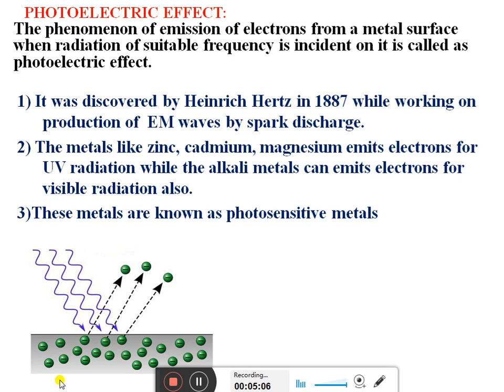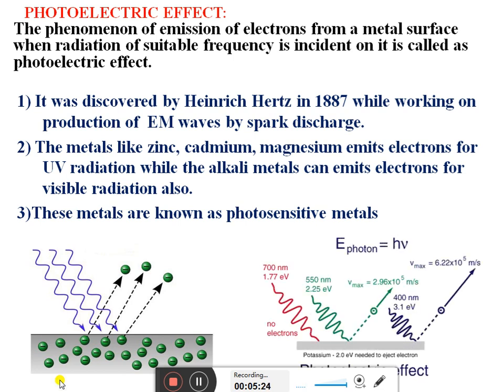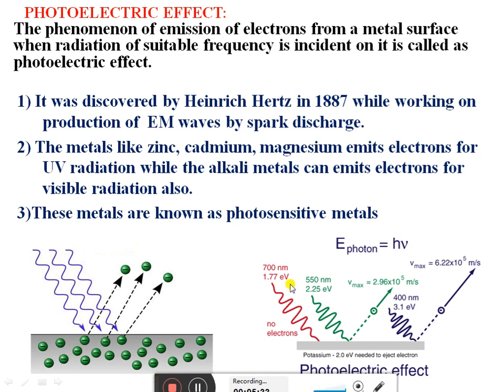These metals which emit electrons are called photosensitive metals. Examples given above: zinc, cadmium, magnesium, or sodium, potassium, cesium, tungsten. These are the photosensitive metals which can emit electrons from the metal surface. See here carefully how potassium can emit electrons even for visible light.